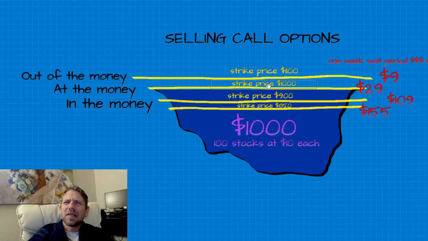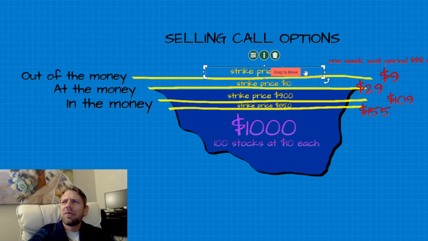At the money means whatever the price, or really close to the price, the stock is priced at right now. Since the stock is at $10 each, or 1,000, strike prices actually should be $10, not 1,000. Sorry, it's my fault. So this is $10.